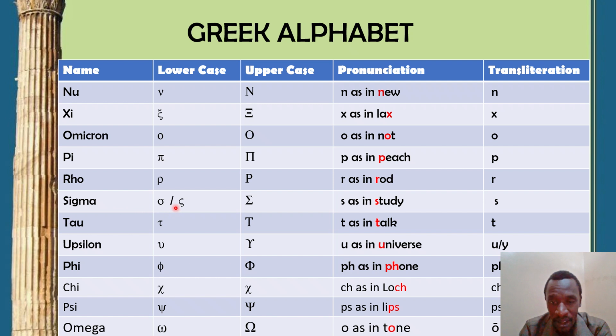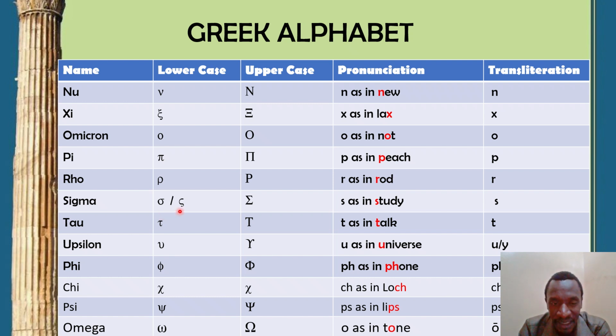Now for sigma, it has an S sound, and this is transliterated as S. But look here, you have the first sigma and the other sigma. This first sigma is how it looks, especially at the beginning of the word, or when it is in the middle.